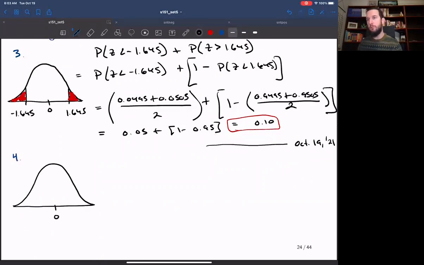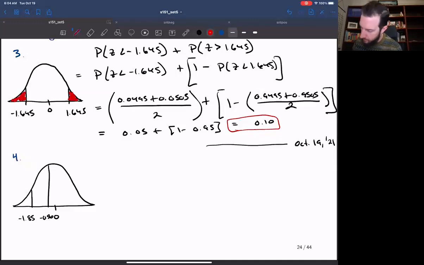Okay, so this is my standard normal curve. Again, every standard normal curve is centered at 0. So the 0 will always get placed in the middle whenever we are working with the standard normal distribution. We have 2 values, negative 1.85 and negative 0.56.